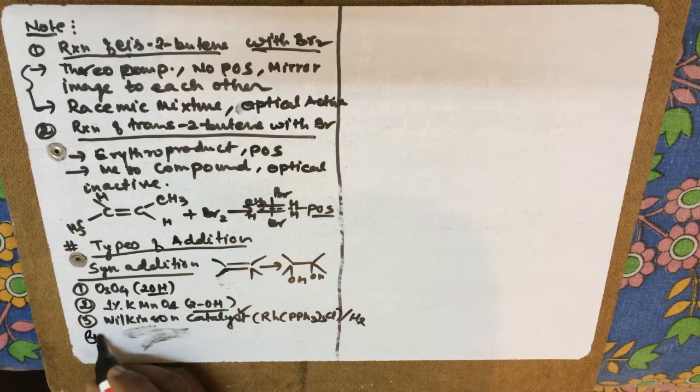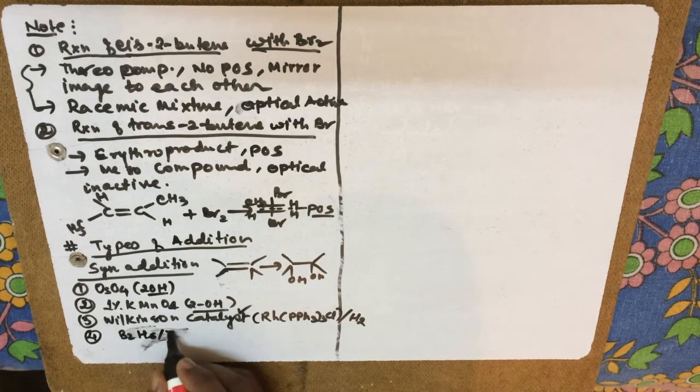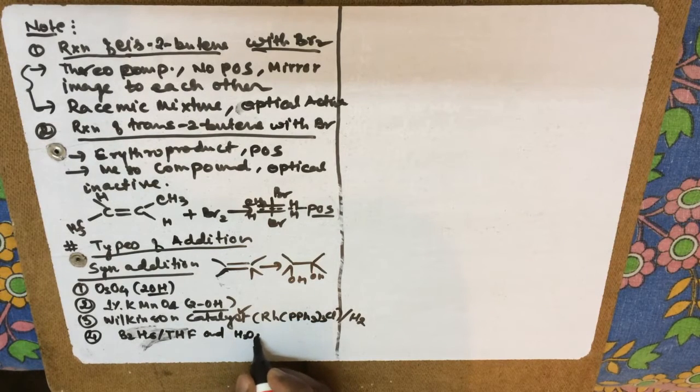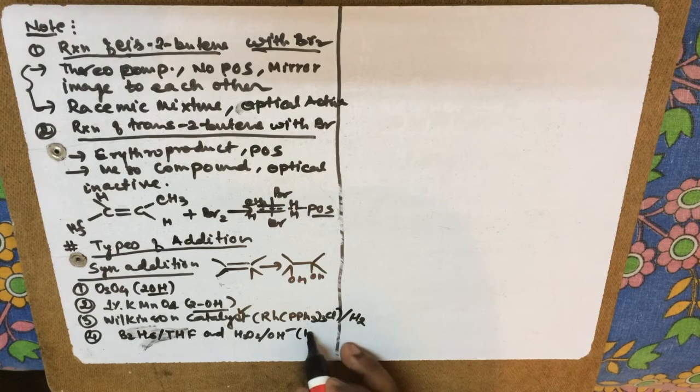And fourth is hydroboration oxidation, B2H6 THF, okay, and H2O2. So here your H and OH will go, means attack from the same side.